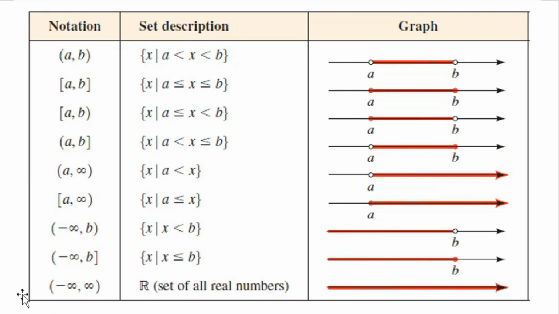The set description is the set of all real numbers, and this is the symbol for the set of all real numbers. As you can see, the whole line in the graph is shaded. We use neither an open dot nor a closed dot for infinity.